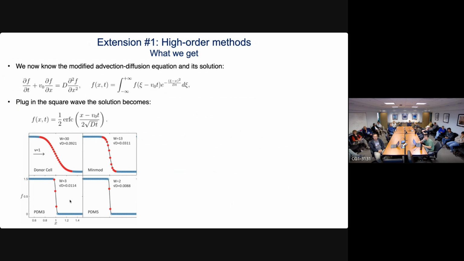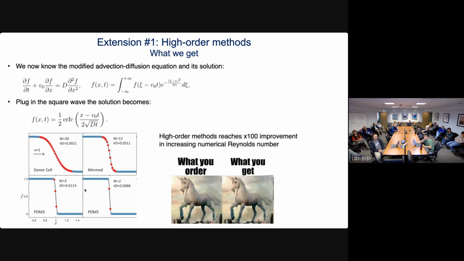While using a high order method combined with the aggressive quartz limiter, we resolve the discontinuity with 2 or 3 cells. And we got a 100 times improvement in the numerical Reynolds number by using high order methods compared with the low order methods. We get what we want by using the high order methods.